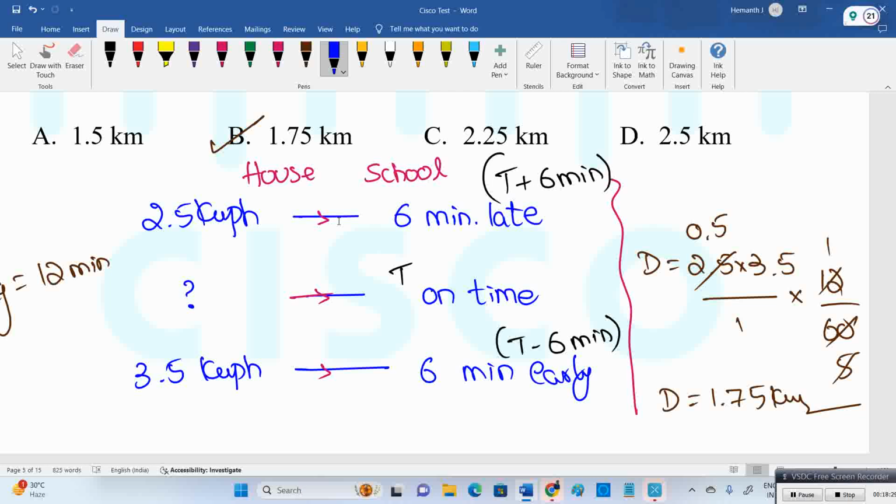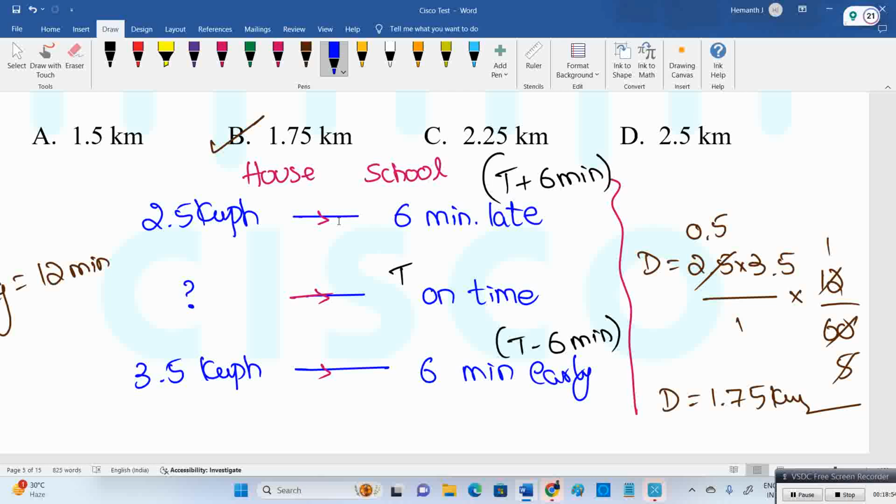AP and HP, whether you know AP and HP in progressions: arithmetic progression, harmonic progression, geometric progression, right? Before going further, what is the relation between time and speed? Is it directly proportional, inversely proportional? Inversely, right? AP and HP relationship?